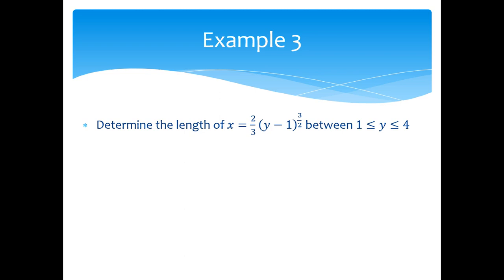So first, s is equal to the integral of the square root of 1 plus f prime of y squared. So we find f prime of y.